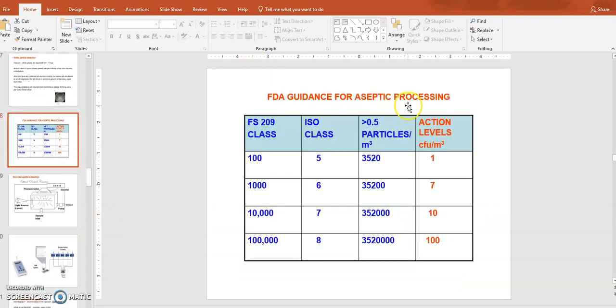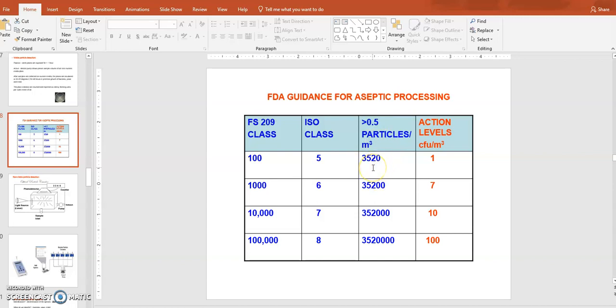So, FDA guideline for aseptic processing. Federal standard, ISO standard. If you are working in a clean room, class 100 in the federal standard or ISO 5, the particle number larger than 0.5 micron size should be less than 3520 per cubic meter.